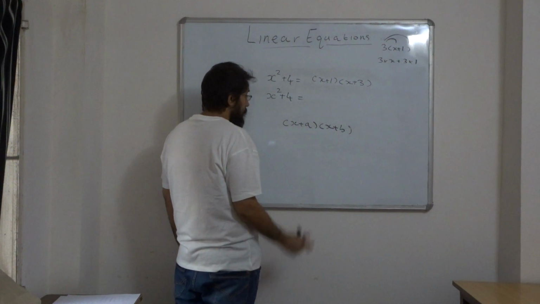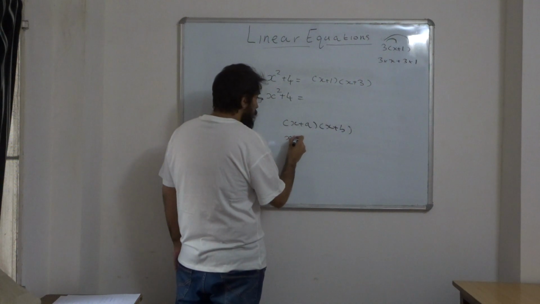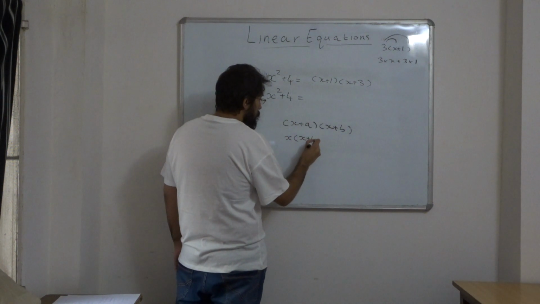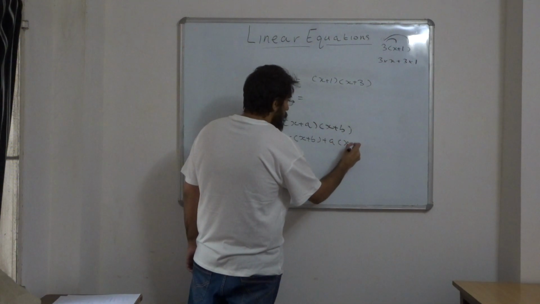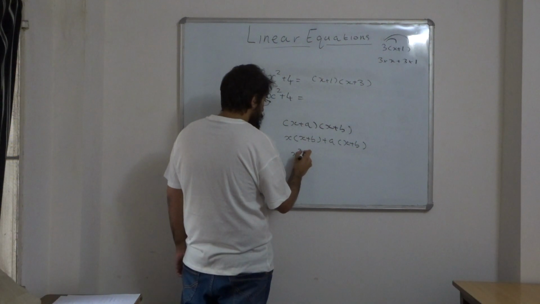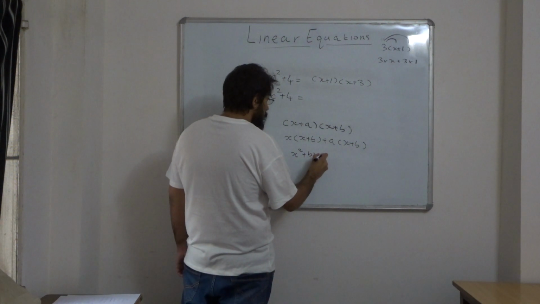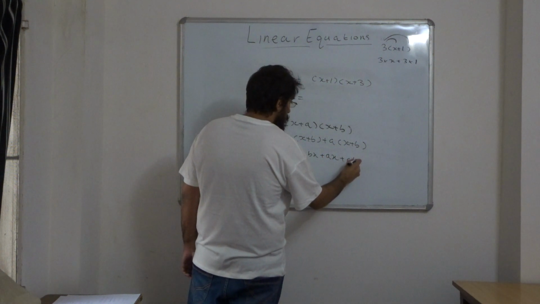You have x plus a times x plus b. So it basically becomes x squared plus bx plus ax plus ab.